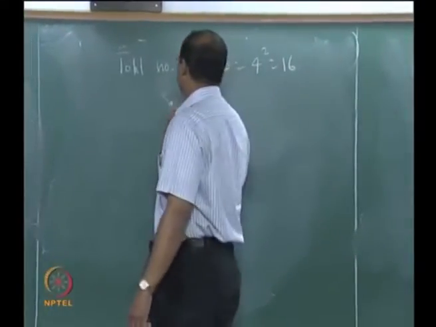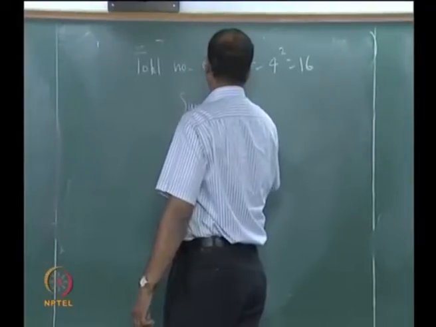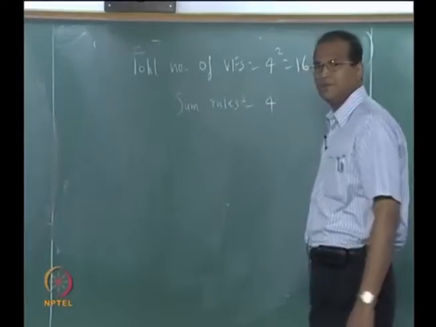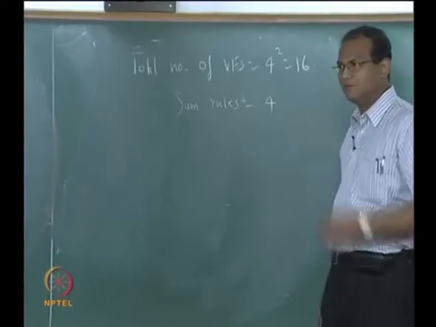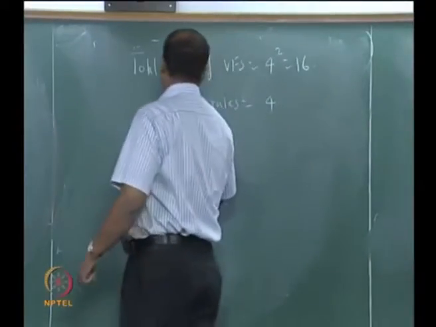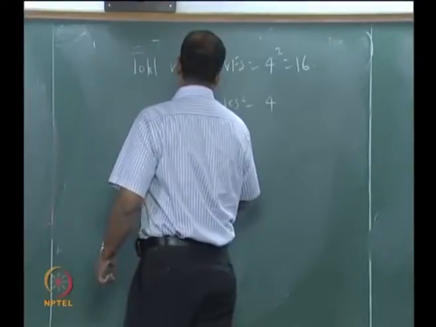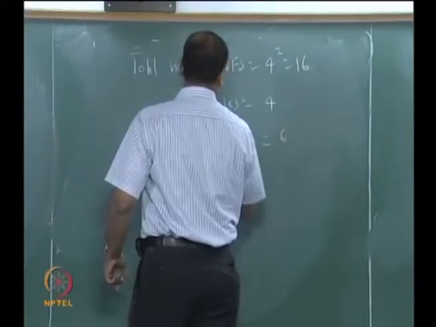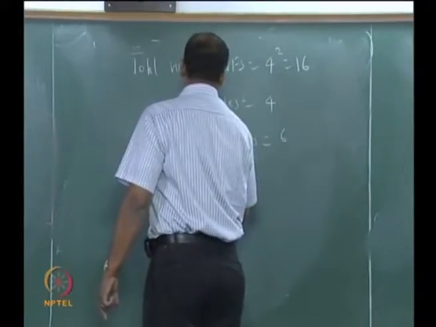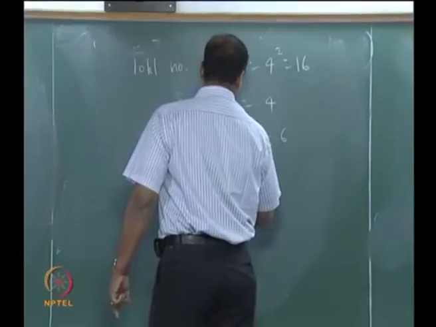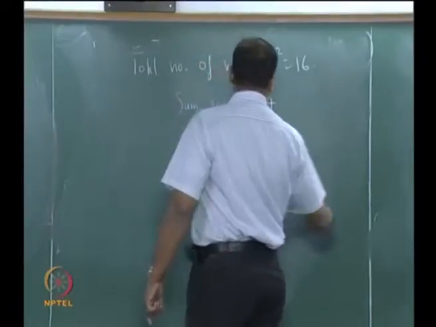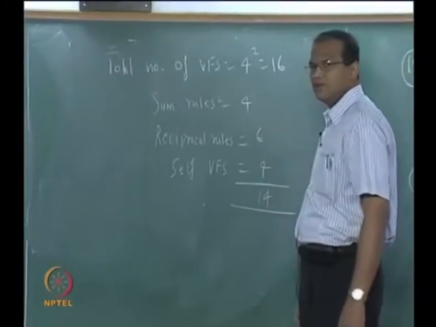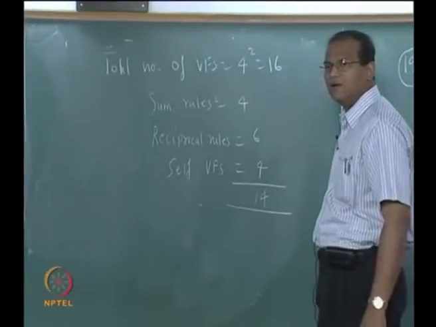Okay, some rules. Reciprocal rules: NC2, 4 into 3 by 2, 6. Self view factor: 4. So total is 4 plus 6 plus 4, 14. So the number of view factors to be independently determined is 2.